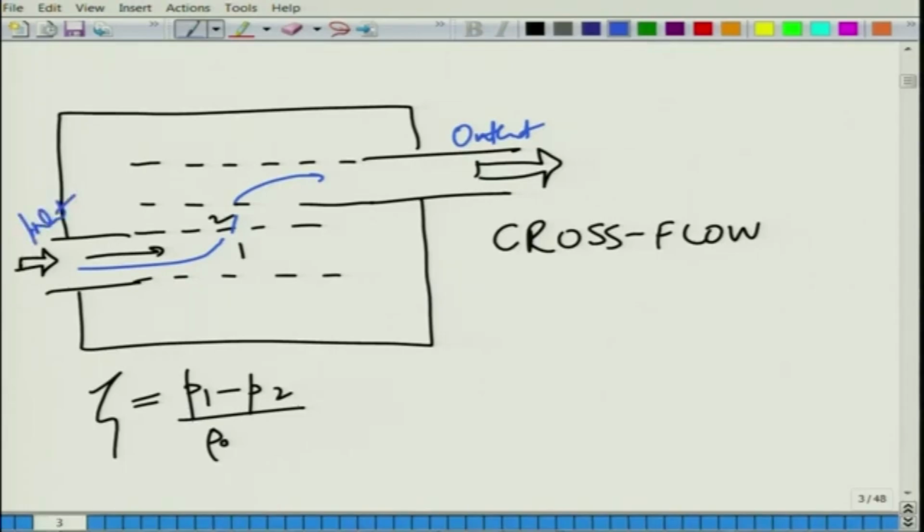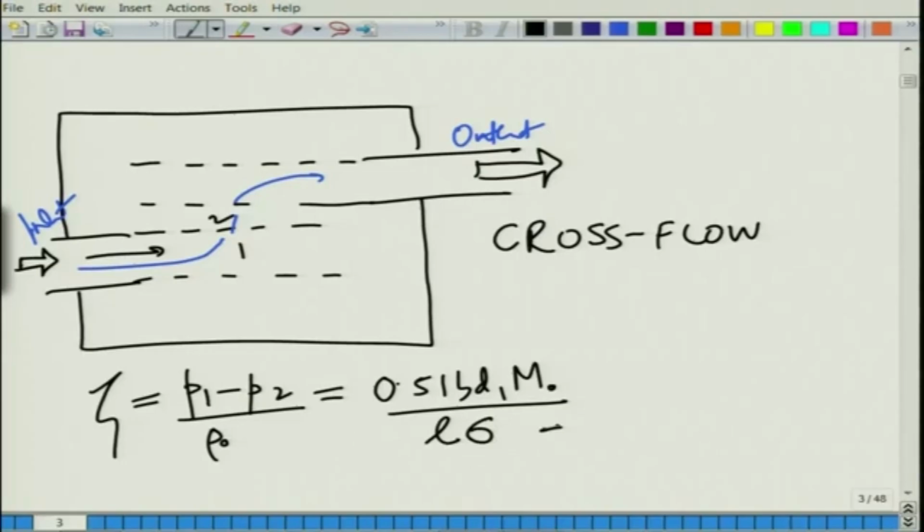This is your outlet pipe, this is your inlet pipe. Now, for this we have 0.514 D1 M, where M is your Mach number, M naught you can say, and L, and I will talk about what L means. L is the length of the perforate, sigma is the porosity I was talking about, plus j times 0.95 k naught, t is the thickness of the perforated thing.